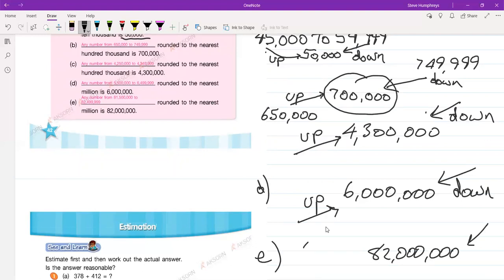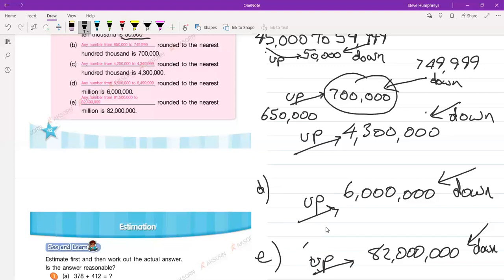A number above 82 million, where you would round down to 82 million, and a number below, which you would round up to 82 million. See if you can do those. I know it's quite difficult. See if you can work it out.